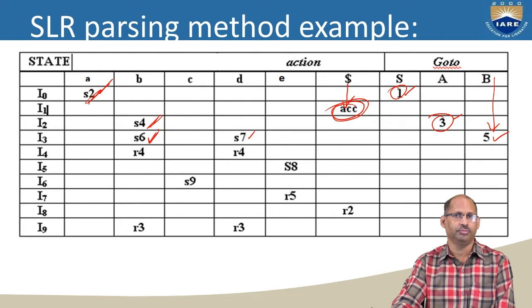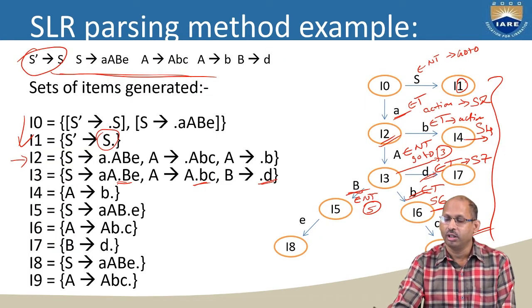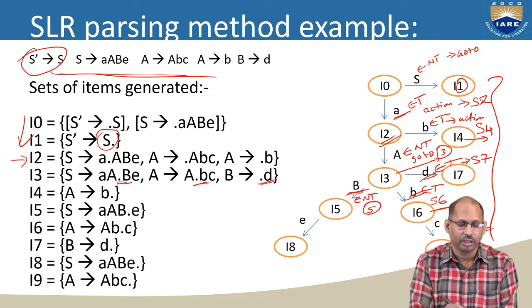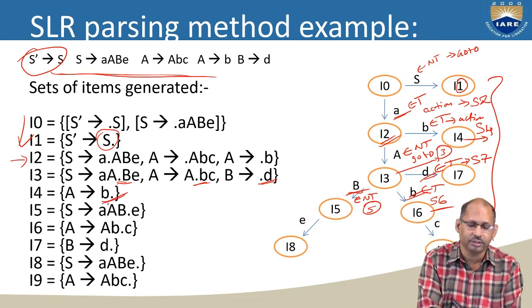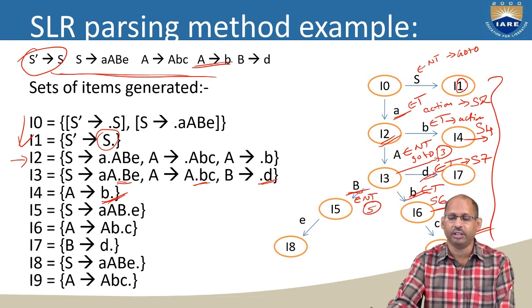I3 is over. Then I4. What is I4? I4 is dot at the end. For this one, what is the follow of A?